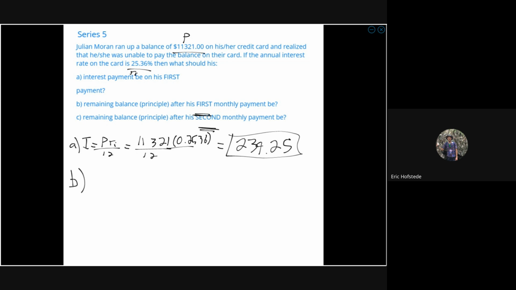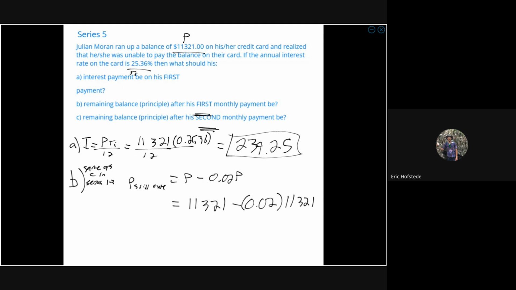So in series 1 through 3, B is the same as C. In this case, we're calculating our principal still owing, which is, again, just my original principal minus that 2% payment off principal. That's straightforward. That is a 3-second equation to pop in the calculator: 11,321 minus 2% of 11,321.